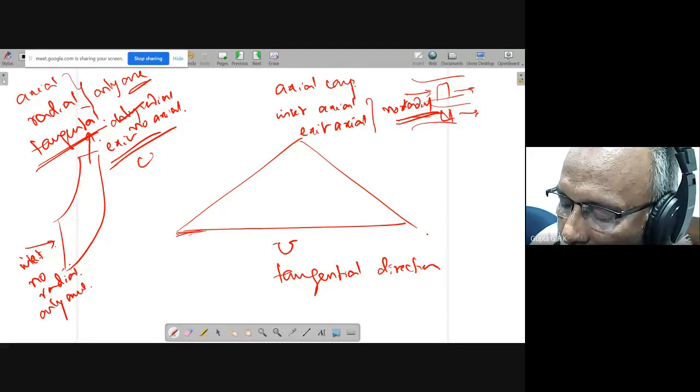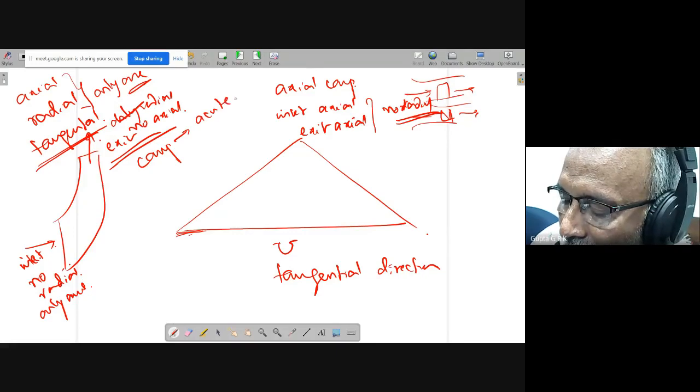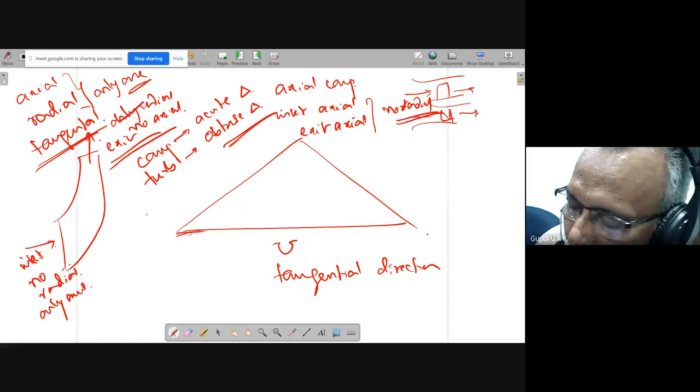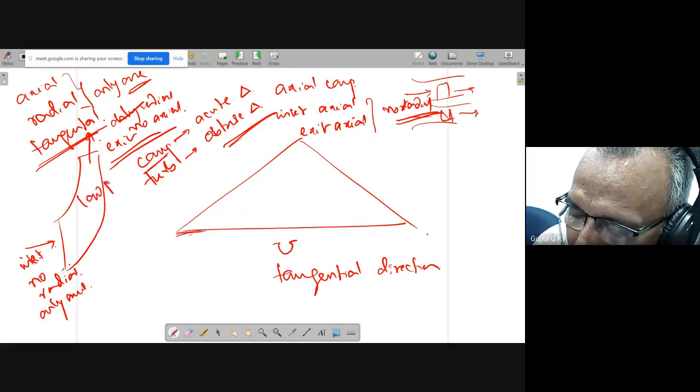For a compressor, I will get acute triangles, and for a turbine, I will get obtuse triangles. This you have to remember. Mainly, compressors are of low pressure ratio, and turbines are of high pressure ratio.